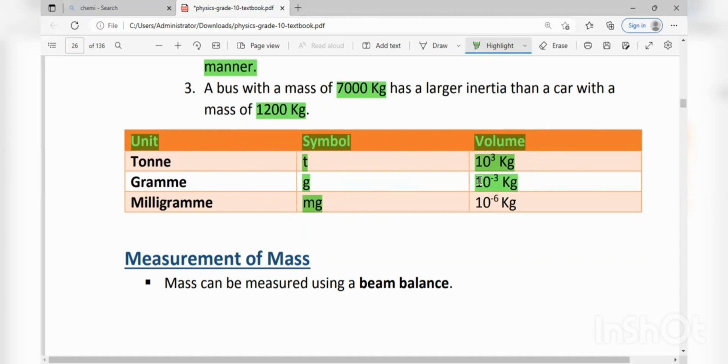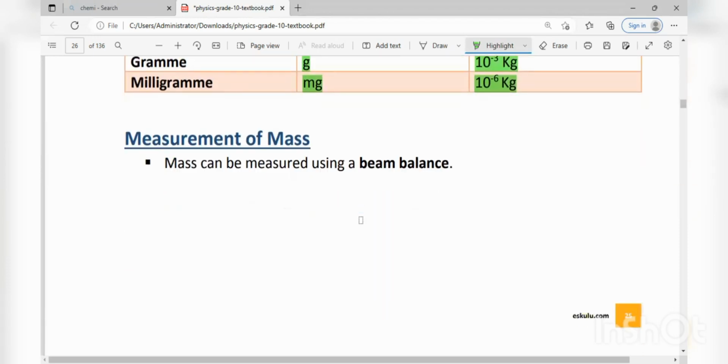About 0.001 kilograms makes 1 gram. What of this one? 10 to the power negative 6 kg. This is about 0.000001 kg, which makes a milligram.